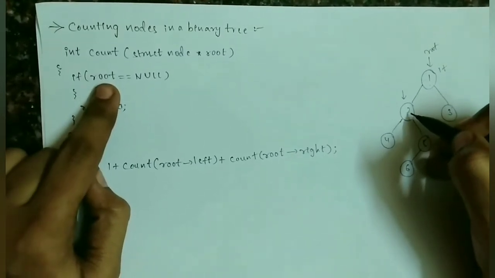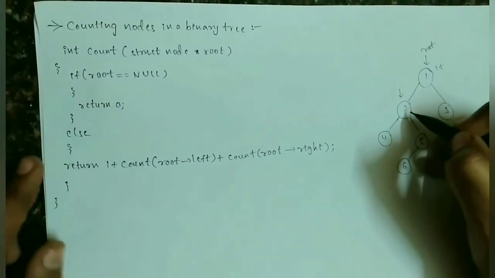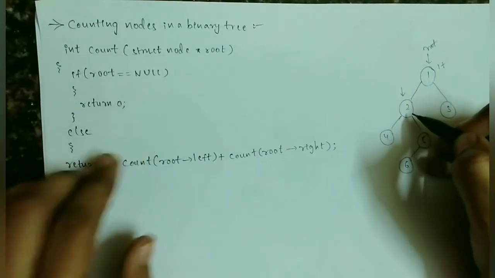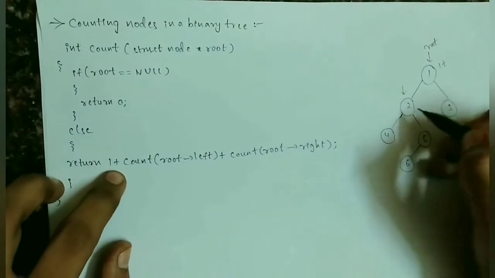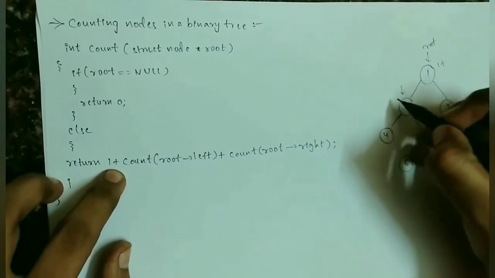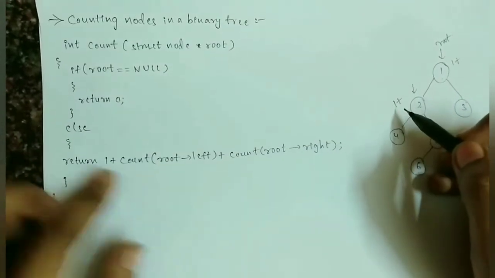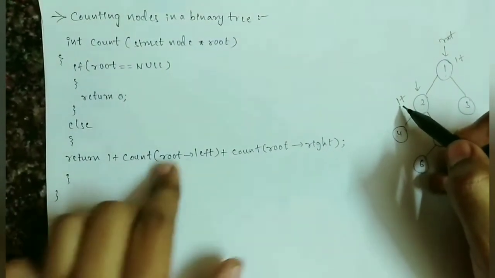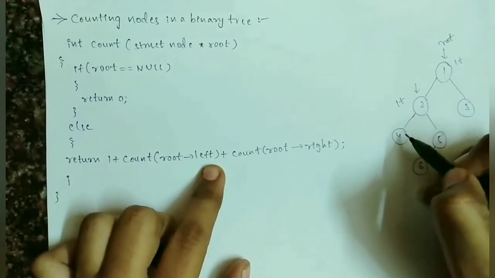The root stores the address of node 2, hence it is not equal to null. The condition becomes false and it goes to the else part. It returns a value, including itself and also counting the number of nodes present in its left subtree.